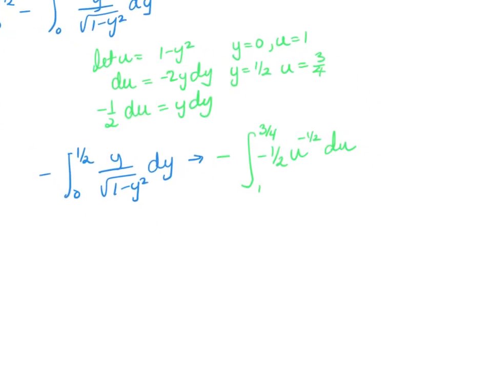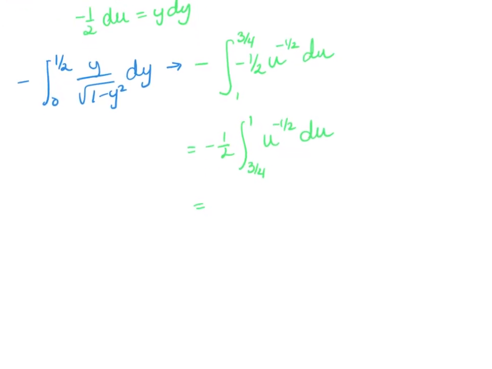Okay, double negatives make it positive, and then of course when I switch the limits, it will become negative again, so negative 1/2 from 3/4 to 1 of u raised to the negative 1/2 du.